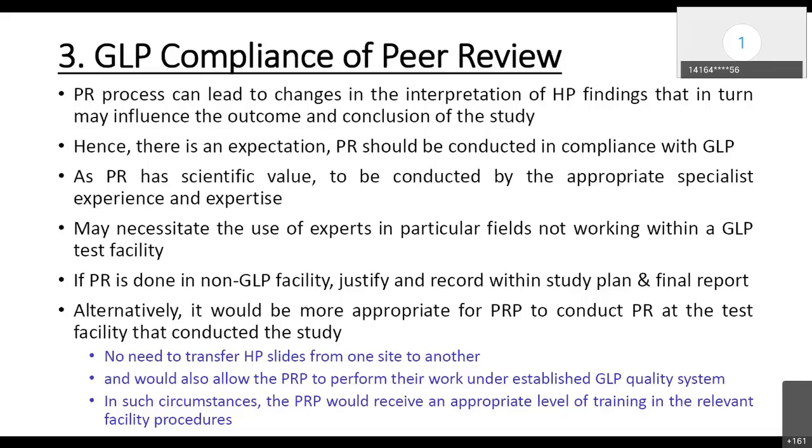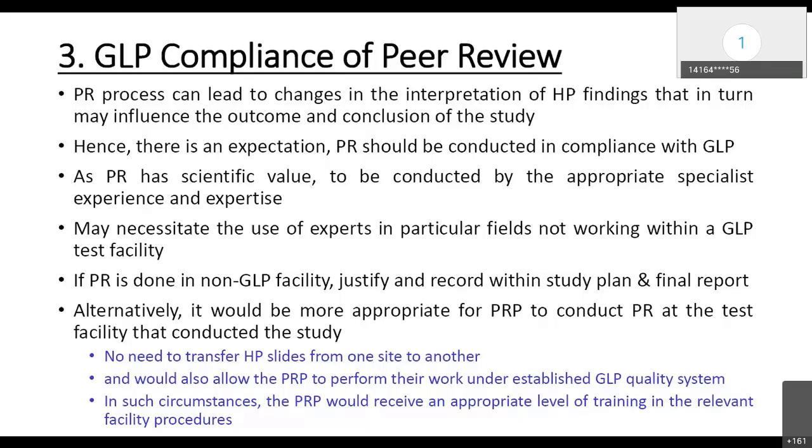So until now, what I was describing was the GLP requirement. Now, how to comply with the GLP requirement. So, GLP compliance of peer review. As I mentioned, the peer review process can lead to changes in interpretation of histopathological findings, and in turn it may influence the outcome and conclusion of the study, because it directly indicates whether the drug is causing damage to the organ or not.